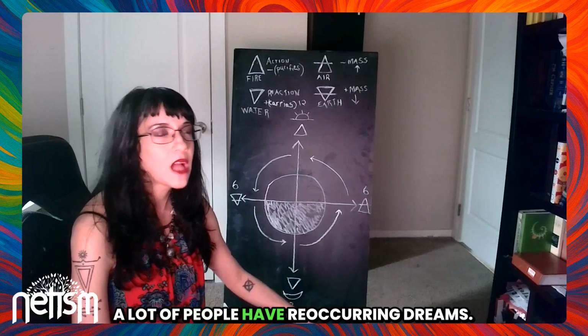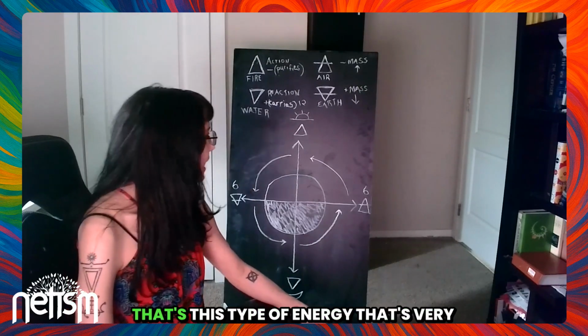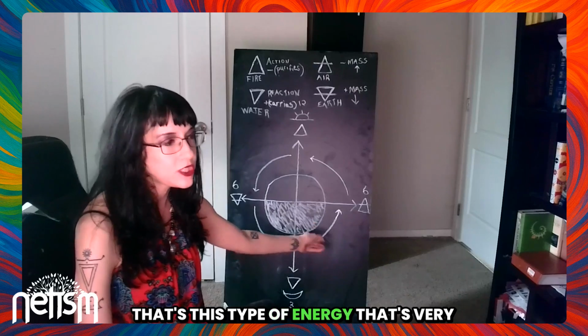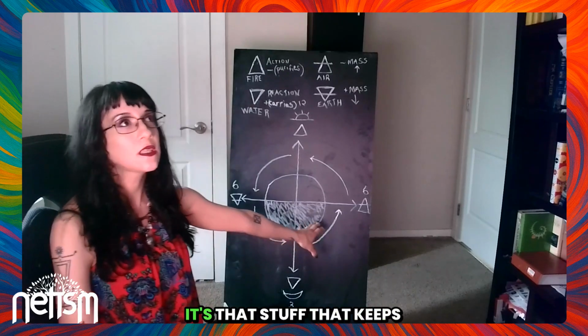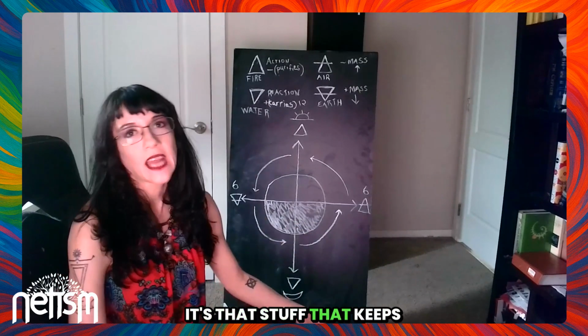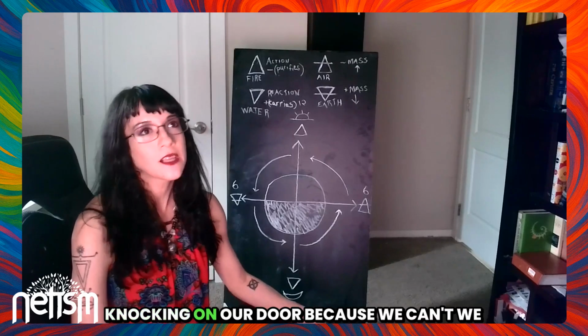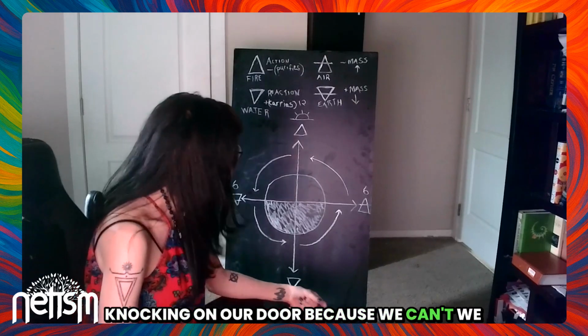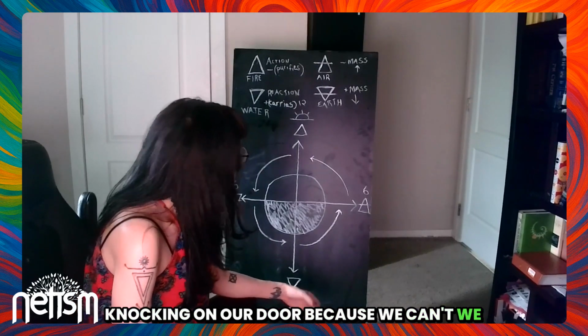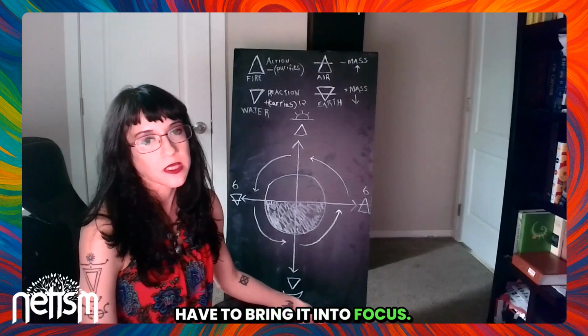A lot of people have reoccurring dreams. That's this type of energy that's very strong at this hour. It's that stuff that keeps knocking on our door because we have to bring it into focus.